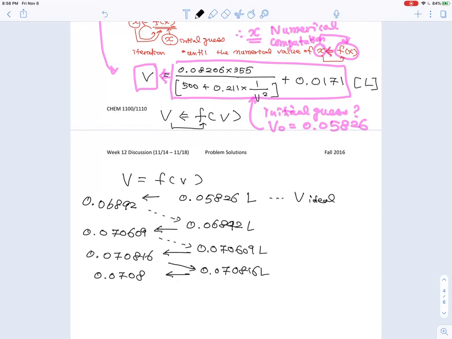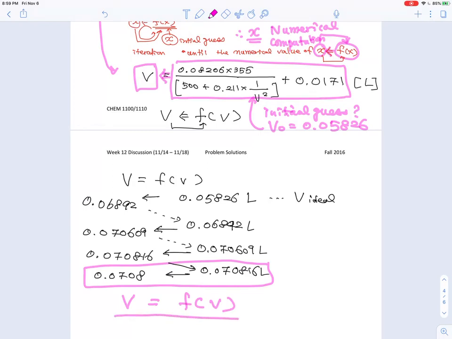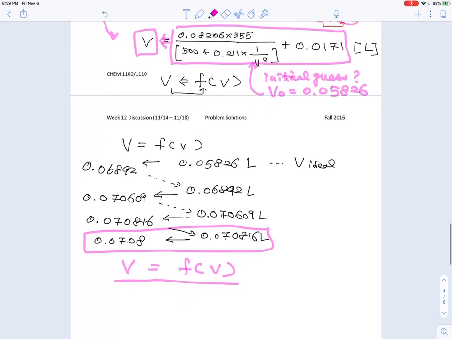After a few calculations, we finally reached a situation where the volume is the same as the volume function. So finally, I solved the volume.